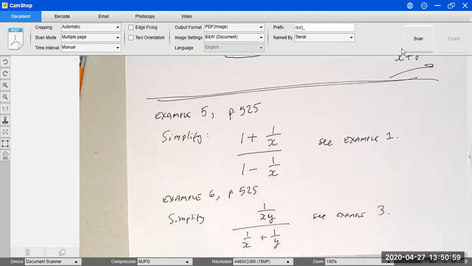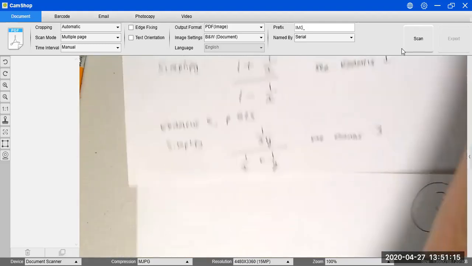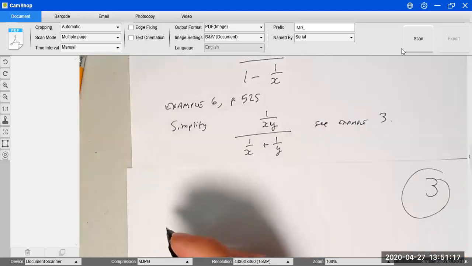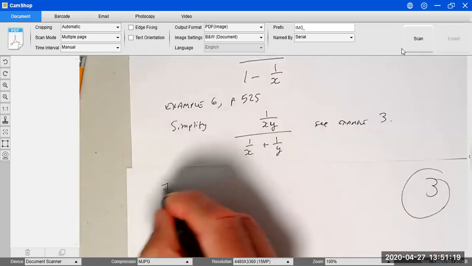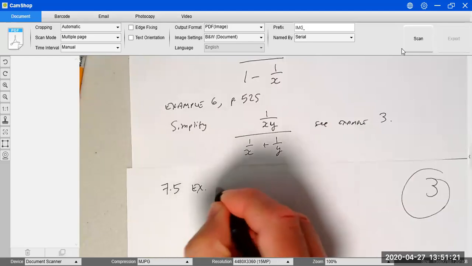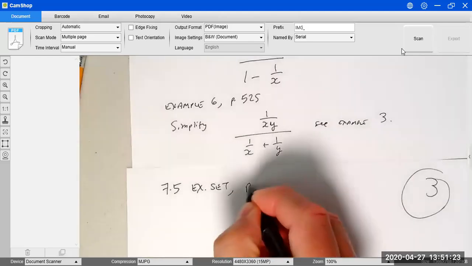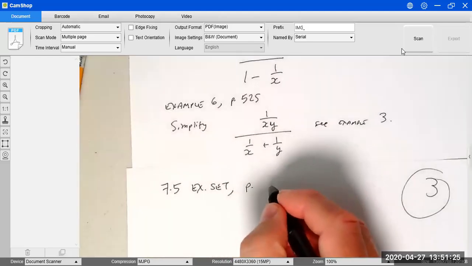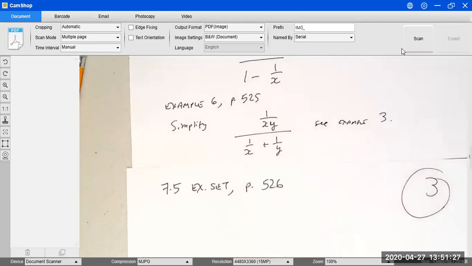So what we're going to do is you're going to start solving examples, and if you find difficulties with some of the problems, let me know and I can show you how to solve one of the problems that you're going to start solving now. So we're going to start with 7.5 exercise set on page 526.